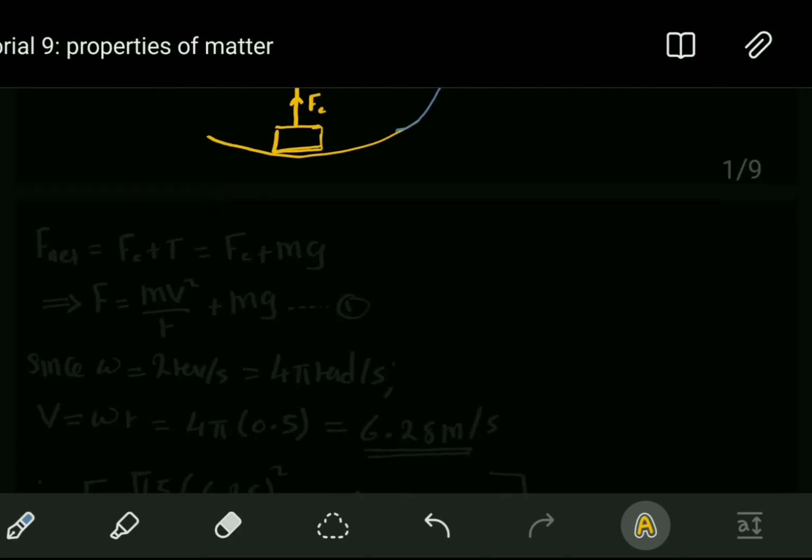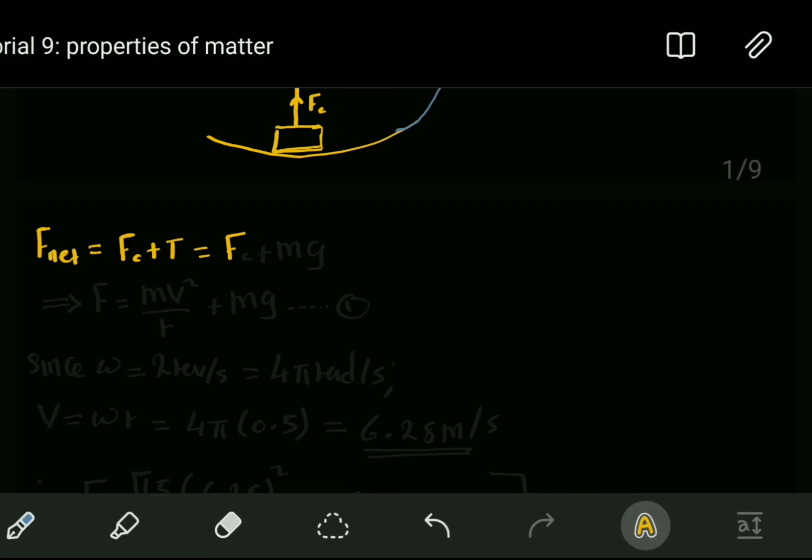We are saying that the net force here is going to be the centripetal force plus the tension, because when it reaches the bottom, the centripetal force will be acting upwards and also the tension will be acting upwards. Therefore the net force equals Fc plus mg.